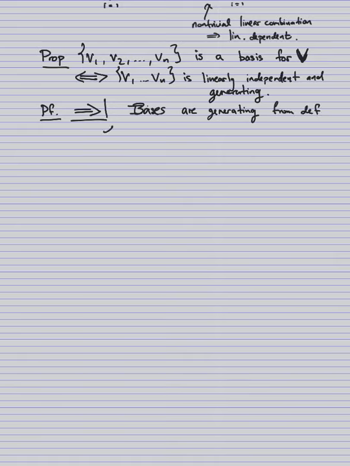And if I write alpha 1 v1 plus ... plus alpha n vn being 0, well, I know that there's one way to do this: I can just take 0 v1 up through 0 vn being 0.